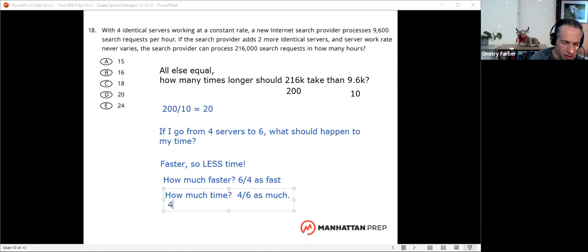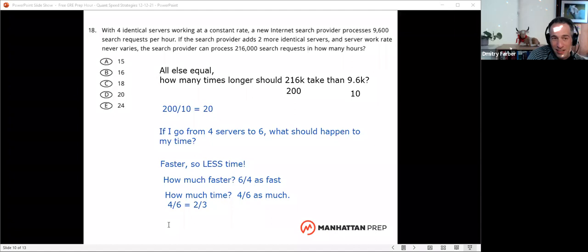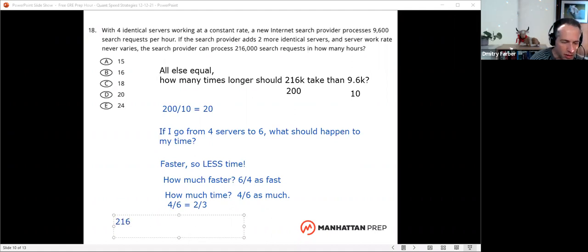And 4/6 is the same as 2/3, right? So we'll want to take that roughly 20 number and take about 2/3 of it. I know 2/3 of 21 is 14. So somewhere around there, a lot of you chose A, 15. If you want to quantify it exactly, we can say, I want 216 over 9.6 times 6/4, or again, 3/2.